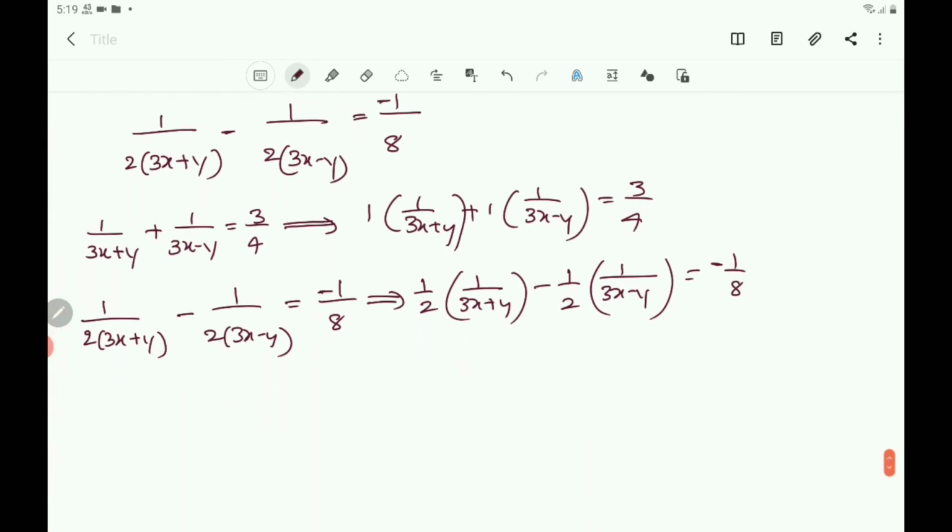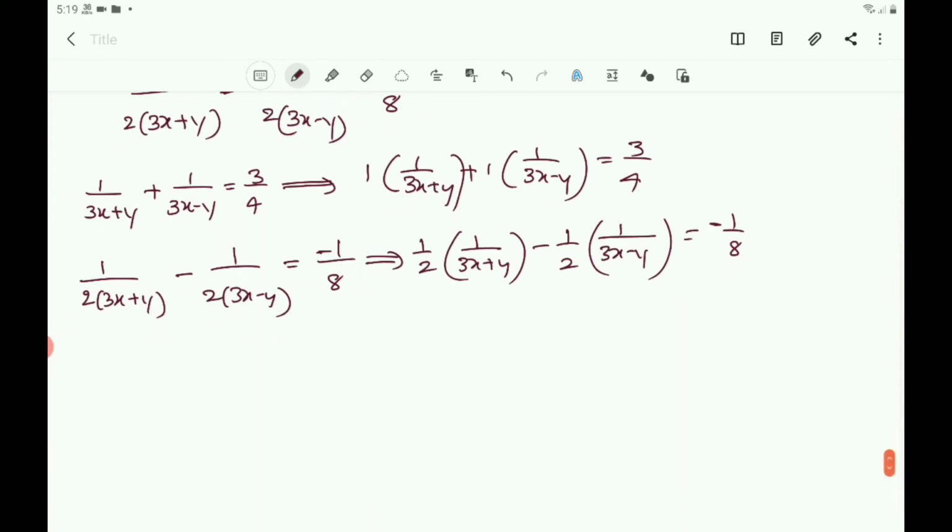Here you take 1 by (3x plus y) as one variable and 1 by (3x minus y) as another variable, just like a and b or m and n. So let us take 1 by (3x plus y) equals m, and 1 by (3x minus y) equals n.